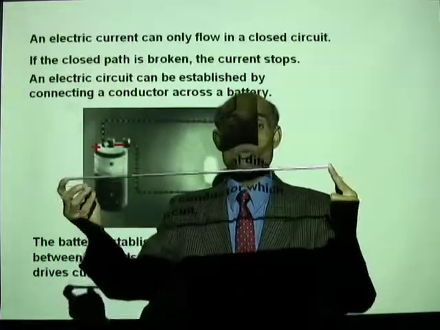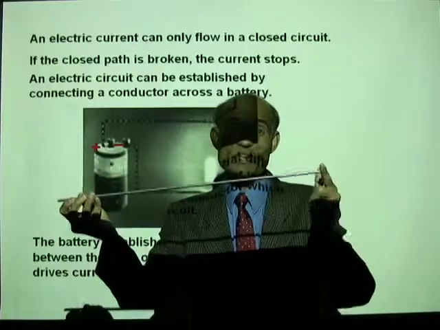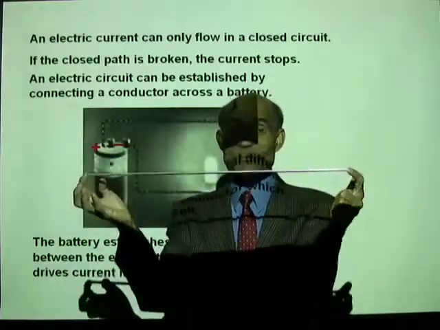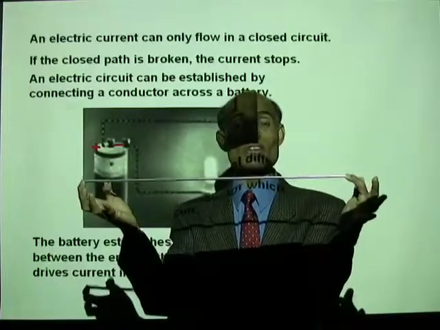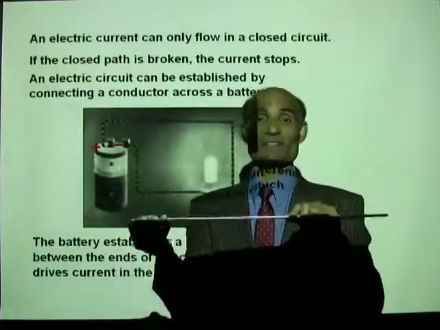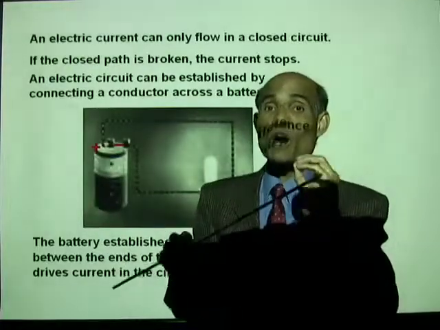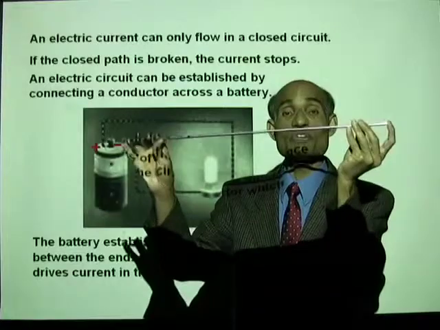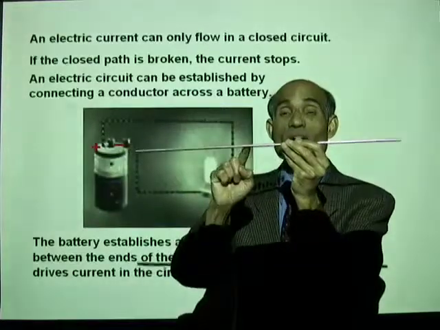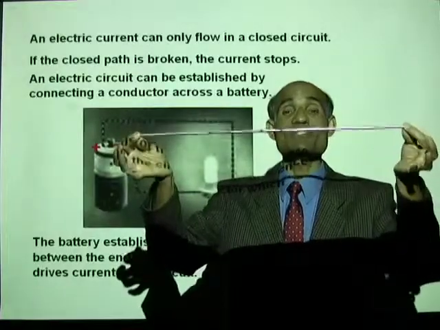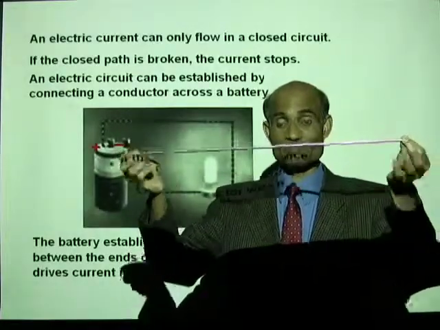There will be a potential difference between the ends of the conductor. Now, when there is a potential difference between the ends of the conductor, a current will flow in the conductor. So, in order to make a current flow in a conductor like this, what is required is a potential difference between the ends of the conductor.